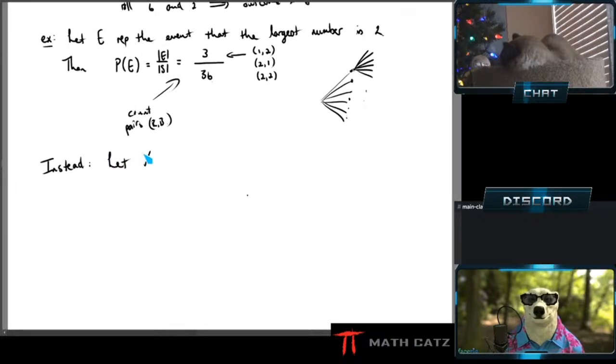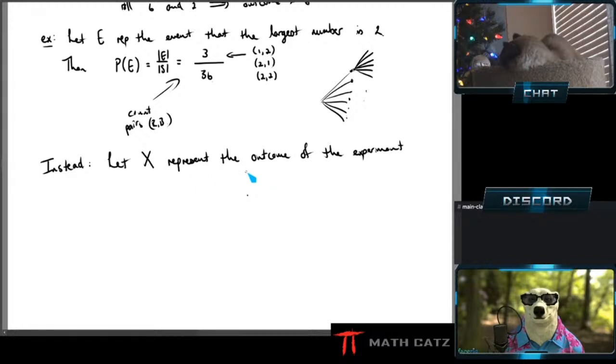let's pick a variable, and usually an x or capital X or y or something like that. Let x represent the outcome of the experiment. Now, different experiment, different explanation. Of course, I have to put in the words here.